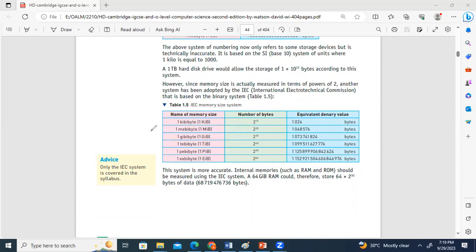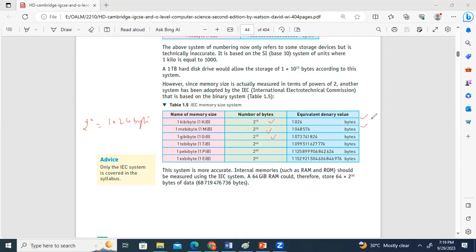They say 2 power 10 equals 1024 bytes. Now if you increase the power, 2 power 20 is equal to 1,048,576 bytes, and so on.